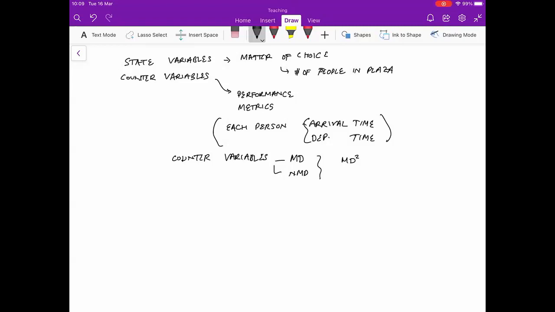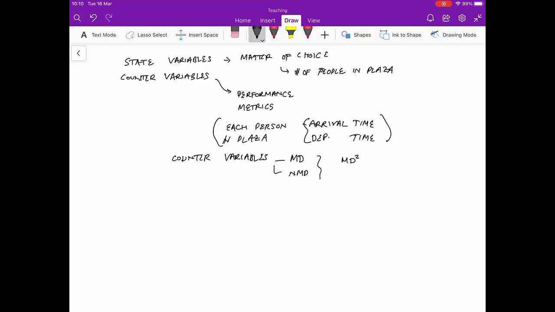I tend to think of counter variables as variables that are needed in order to compute performance metrics rather than inherently a part of the system description. But it's just semantics over here. You do need to keep track of that. Essentially, for every person who's in the plaza, you need to keep track of that. You can call it a state variable or a counter variable, but it's a variable you've got to keep track of. Right. Thank you.